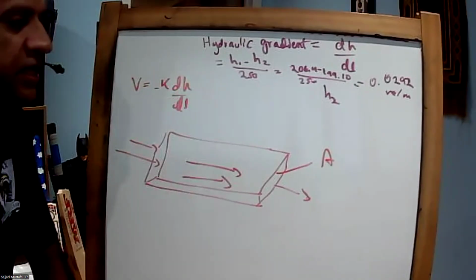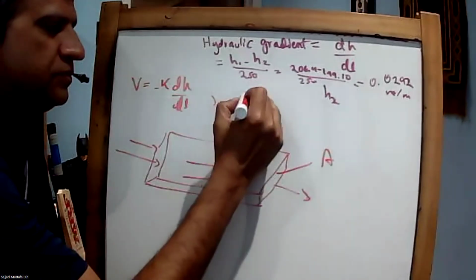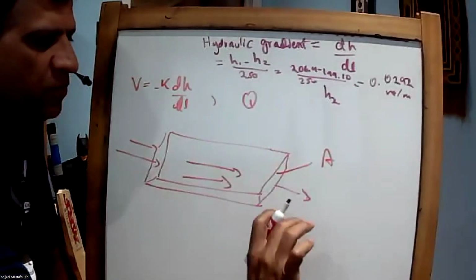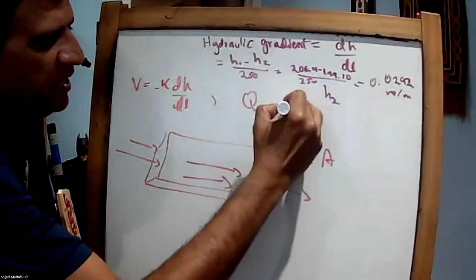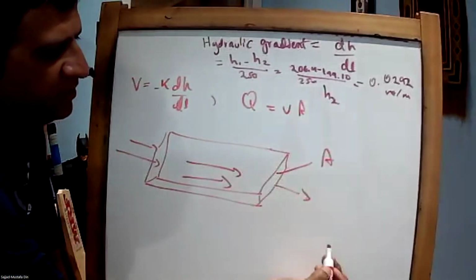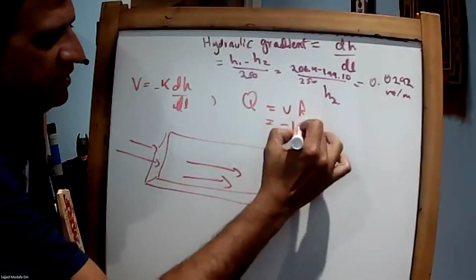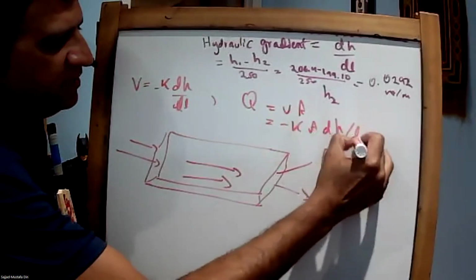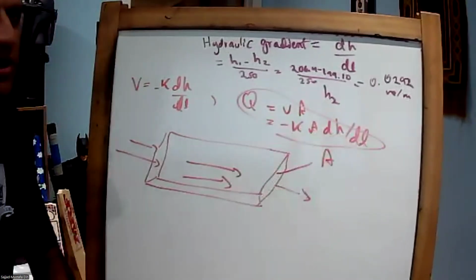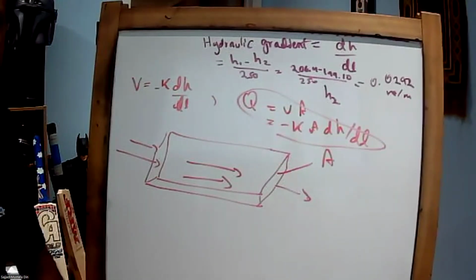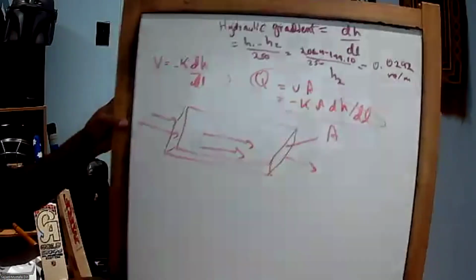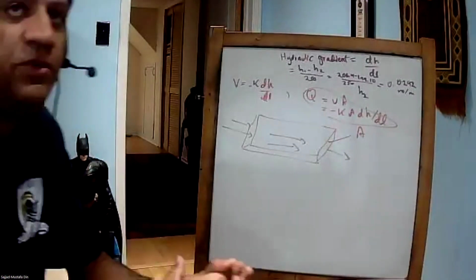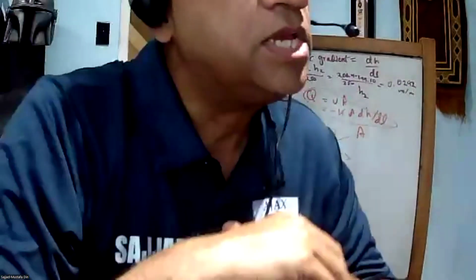To get the flow, that's the total amount of groundwater flowing through that cross-sectional area, you multiply the velocity by the cross-sectional area, which then makes it K A dH by dL. That is the Darcy's law. It's important for you to understand it. It's a part of this course, and it's going to help you later on in the semester.